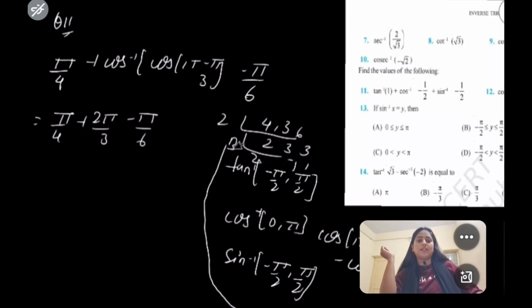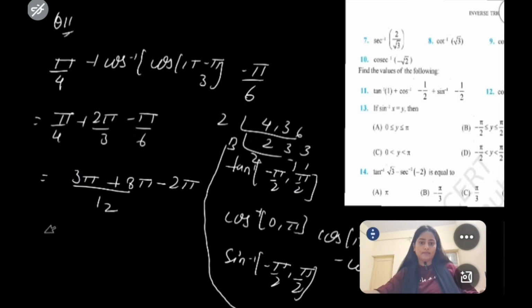So 2, 3, 6 and 12. The LCM will be 12. So from here 3 pi plus 8 pi minus 2 pi over 12, which is 9 pi by 12. Cutting by 3, we get 3 pi by 4. So the answer for question number 11 is 3 pi by 4.